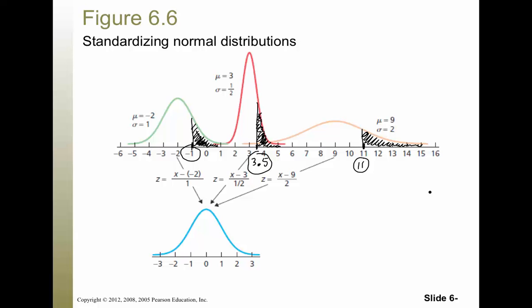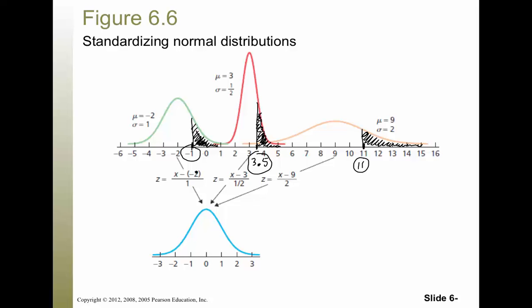And we're talking about now the frequency greater than each of those x values. The relative frequency greater, or the area to the right. Which area is the greatest? What do you think? They're the same. Yes, because they're all 1 standard deviation.